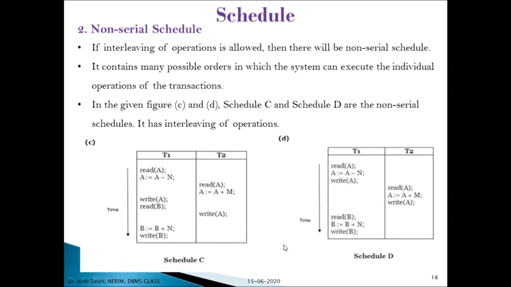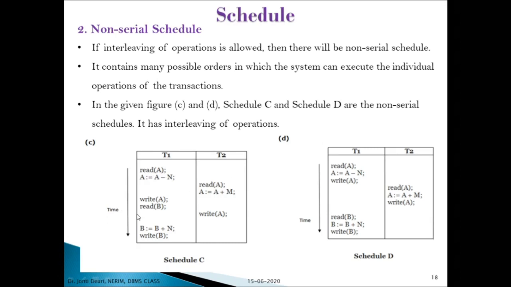Here you can see the example. T1 has these operations, and T2 has these operations. In T1, 2 operations are done, right? After that, 2 operations of the T2 transaction.